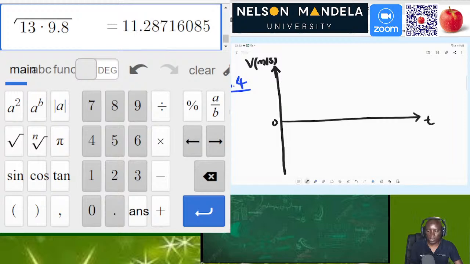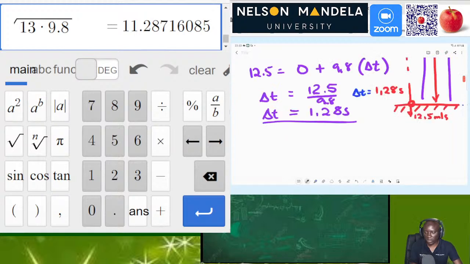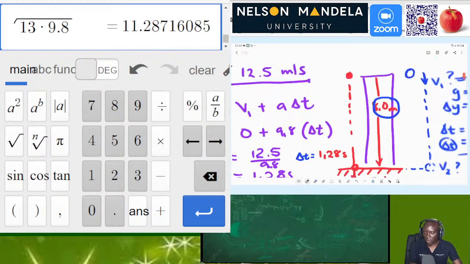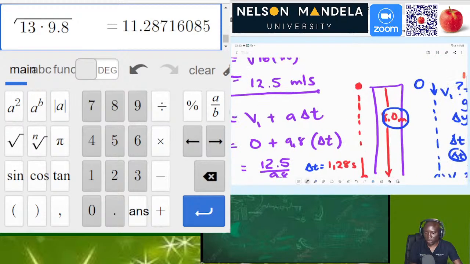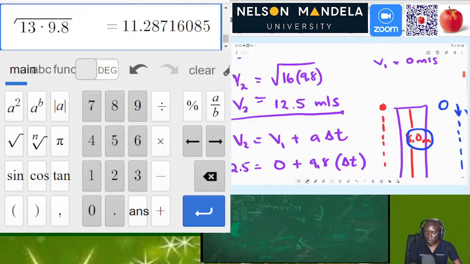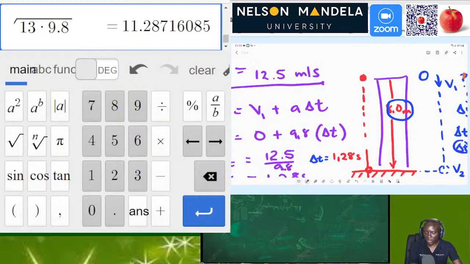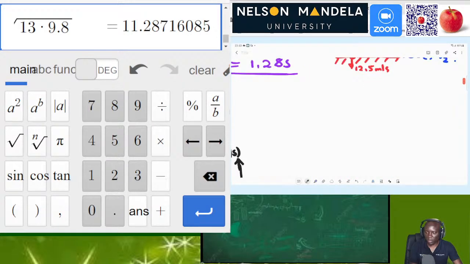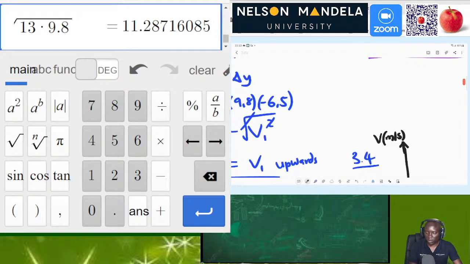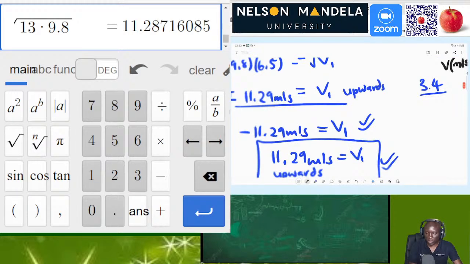So it was dropped with a velocity of 0. Ball A was dropped with a velocity of 0 and increased to 12.5, then bounced off with an initial velocity of 11.29 upwards.